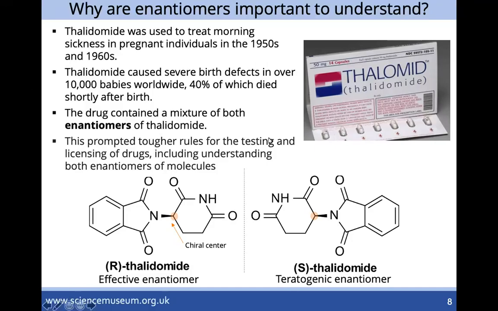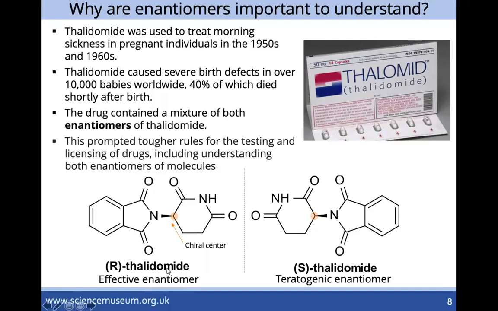And thalidomide caused severe birth defects in over 10,000 babies worldwide and had a pretty high mortality rate. The drug contained a mixture of both enantiomers of thalidomide. And this whole situation prompted tougher rules for testing and licensing of drugs, again, including understanding both the enantiomers of molecules and how they interact with our body.